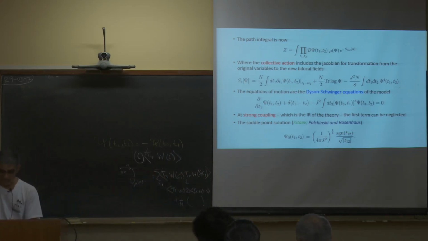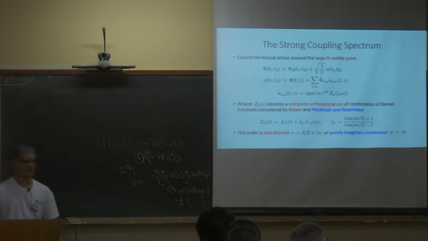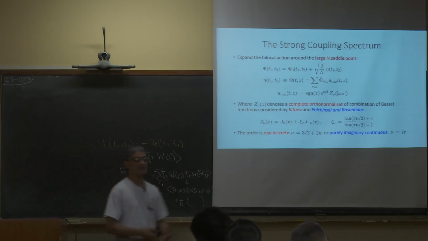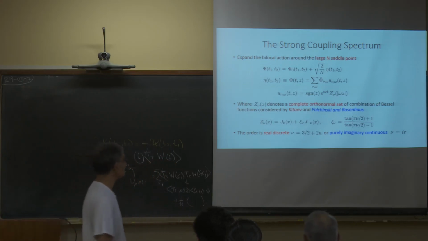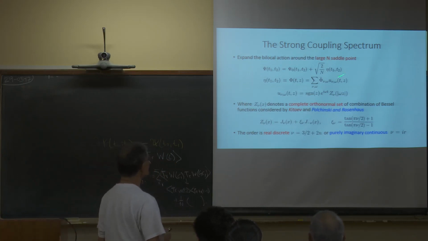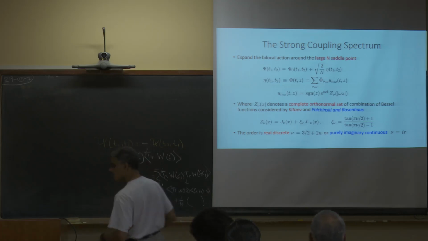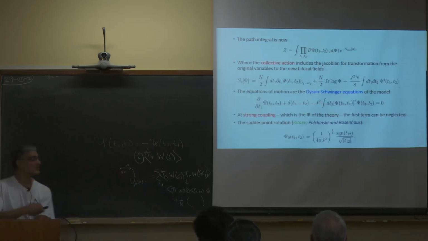There is a conformal invariance which is regained in the IR. In fact, it is stronger than conformal invariance because it is actually a full reparametrization invariance which is achieved in the IR. So, in the spirit of a large N theory, that was the saddle point solution of this equation.